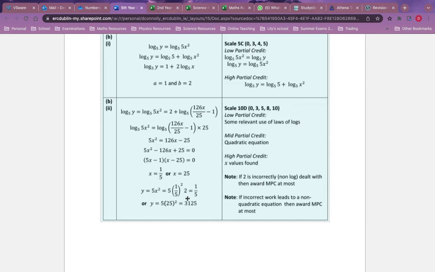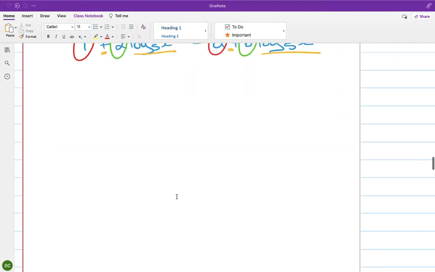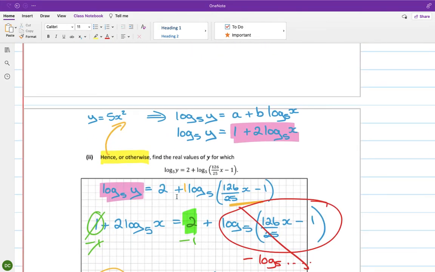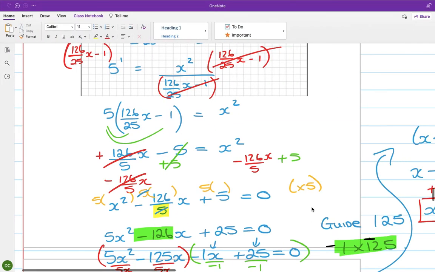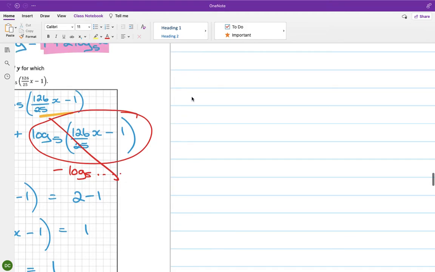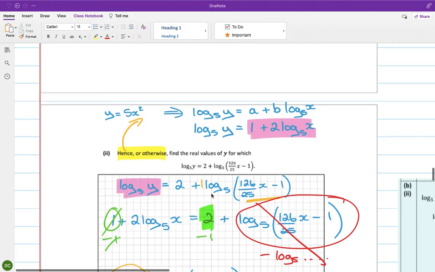What are they doing there? Are they verifying? Oh, they're just subbing back in. Did it ask us to do that? Answer otherwise, find the real values. No, we did that. Okay, so there is the solution. Again, worth 10 marks, like a lot of these. I'll just pop it there. And that is question 3. Yep.